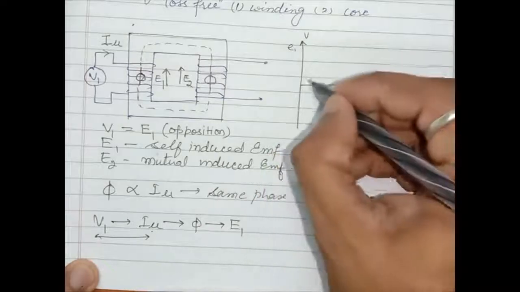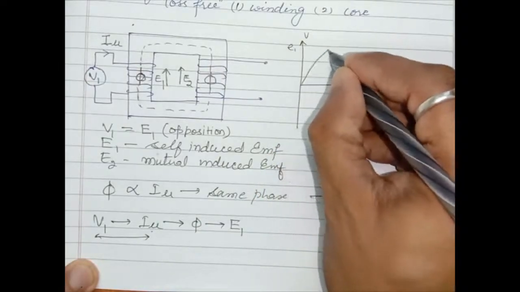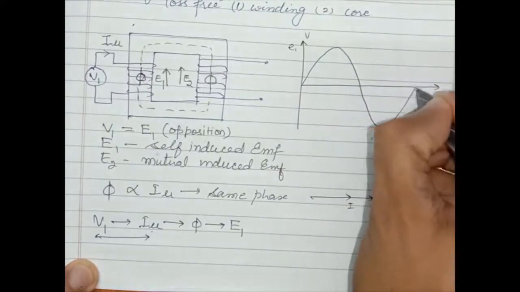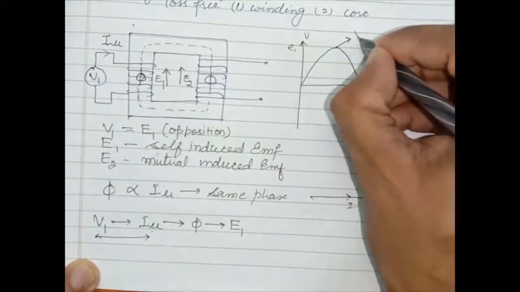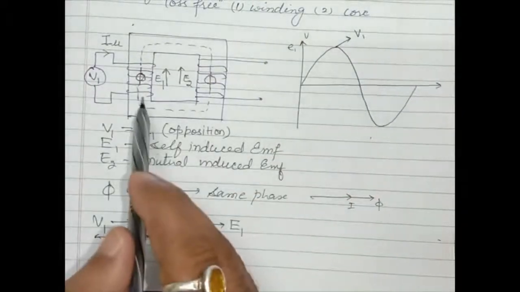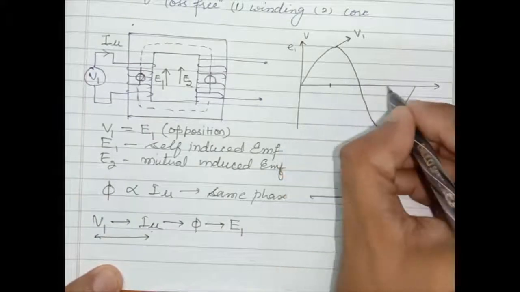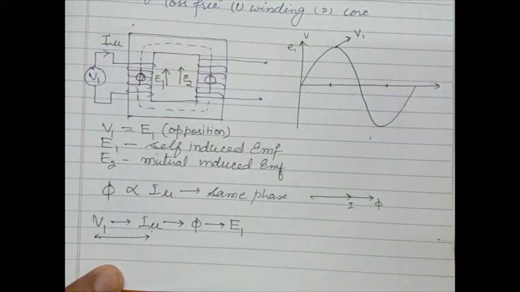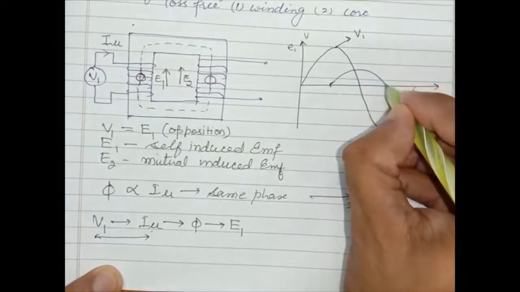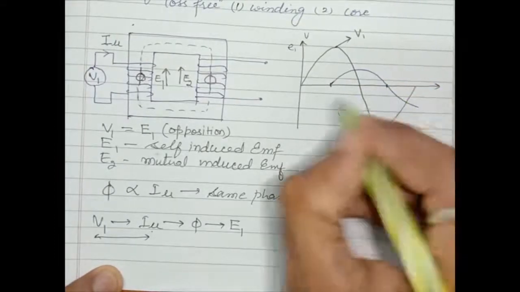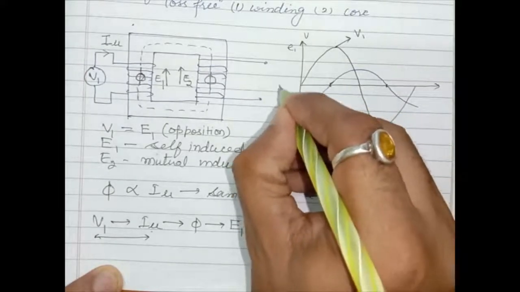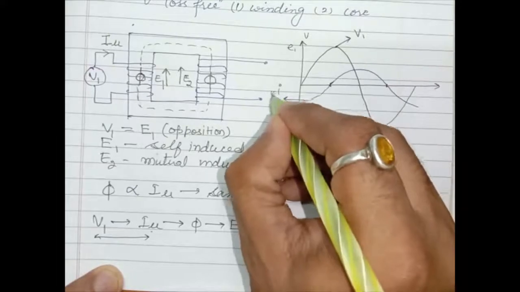Okay, suppose this is V1. So what will happen to the I? It is purely inductive. It means the current I will lag by an angle of 90 degrees. So this is I, the current, or we can say I mu.